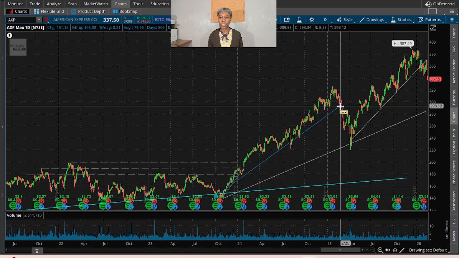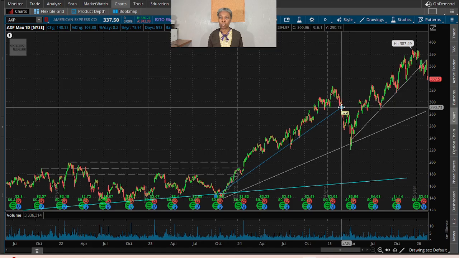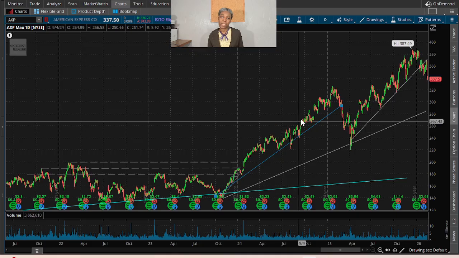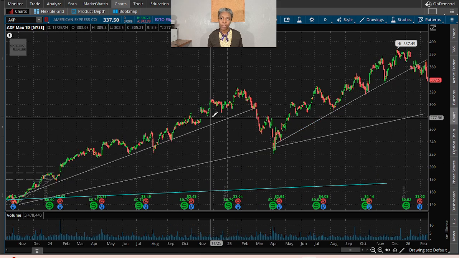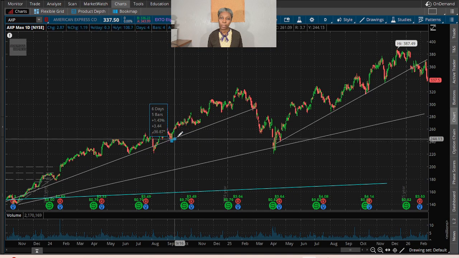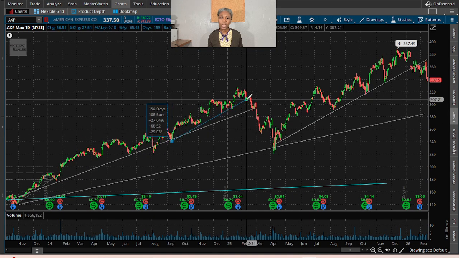Because we are manually tracing this, it's not going to be 100% accurate, but it's just a guideline. And you can trace multiple support lines, depending on what you are doing. We can try to get closer and trace even another one somewhere here.